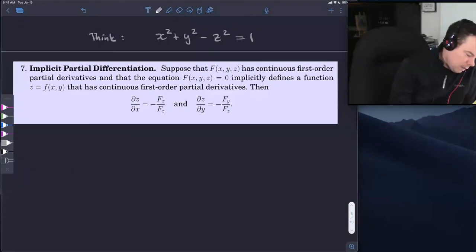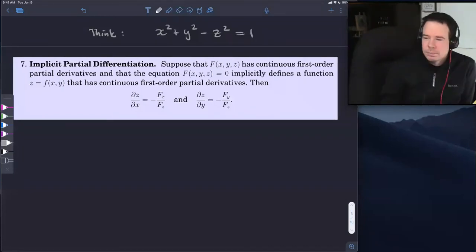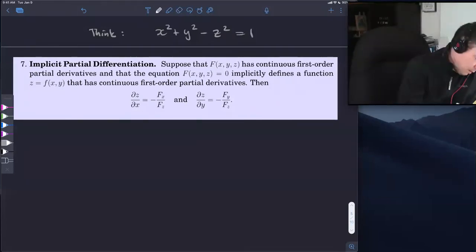Well, the idea is to think of z as a function of x and y if I can, but it's now an implicit function of x and y. And so I'd like to do some sort of implicit differentiation like I did in Calculus 1. How can I do that here? Well, we can do that using the chain rule, much as we did in Calculus 1.